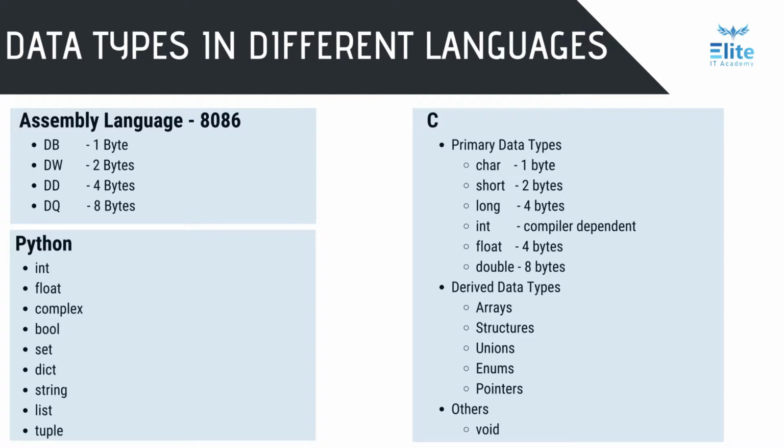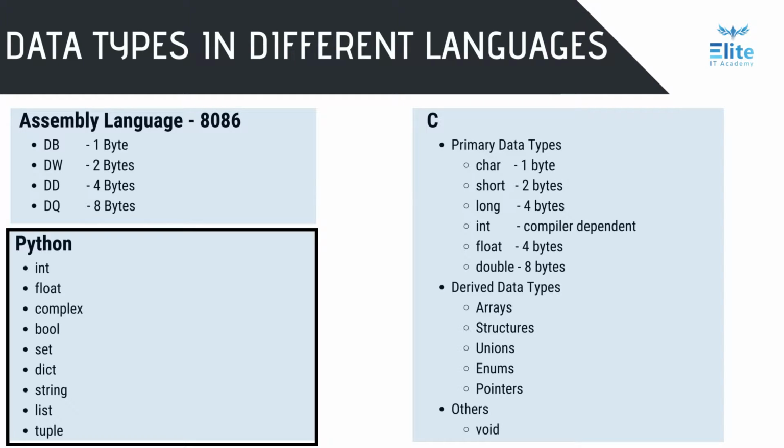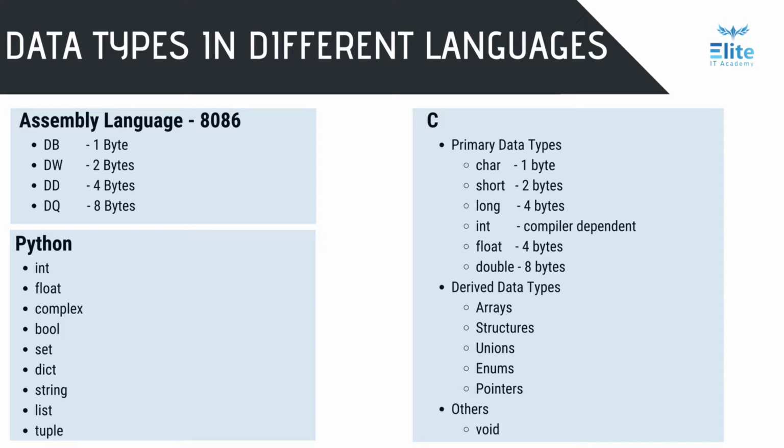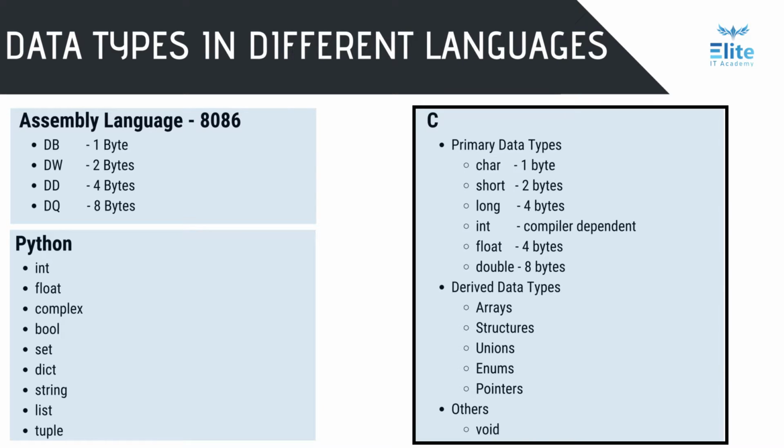On the other hand, a high-level language like Python has complex data types like sets, tuples, lists, etc., which allow you to perform operations on these objects using inbuilt functions without the need to code it yourself. Now, in between these two types of languages, you have C, which has basic data types to store characters and numbers. These basic data types are then used to create derived data types and user-defined data types.